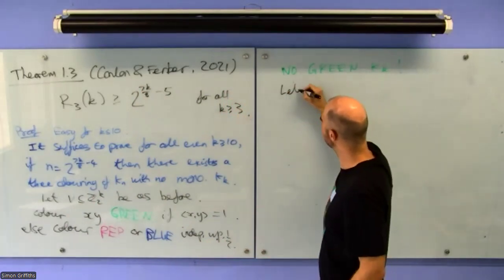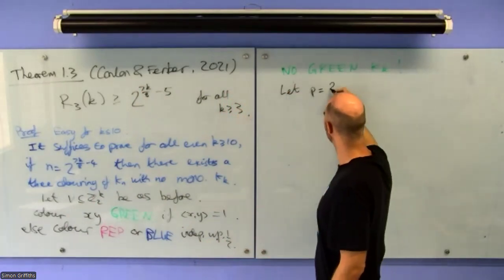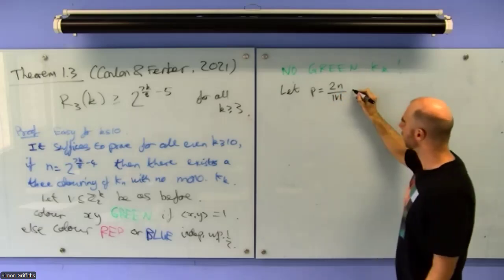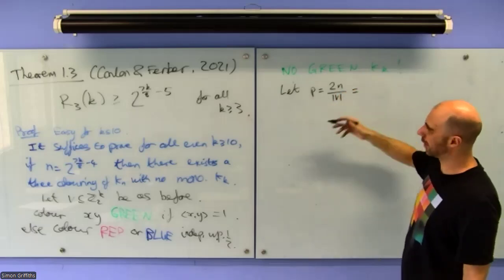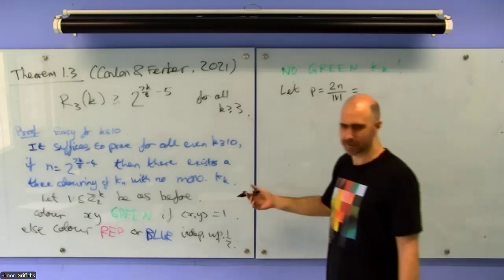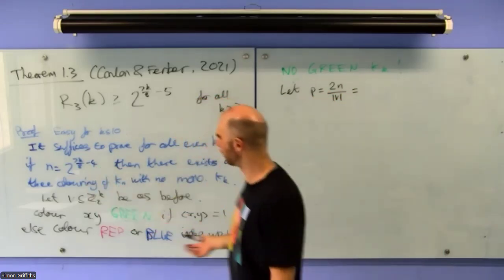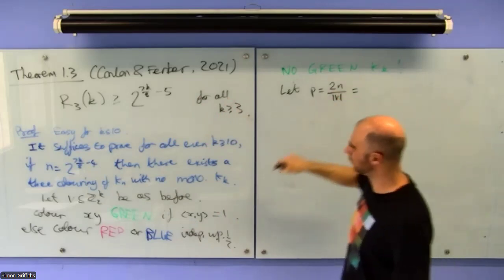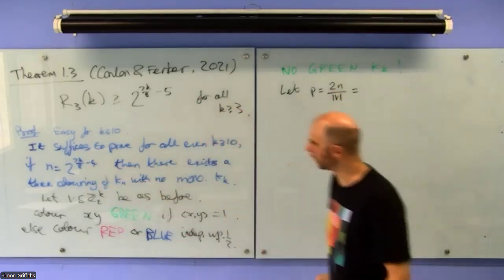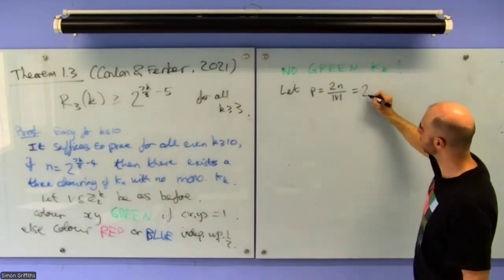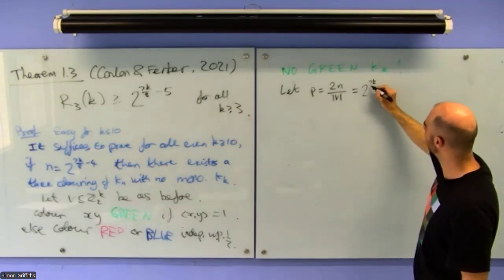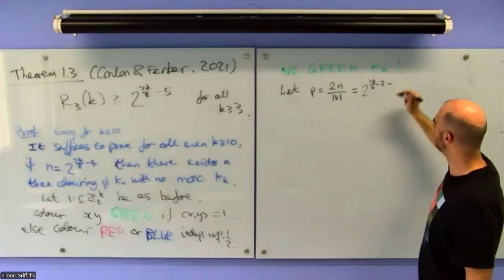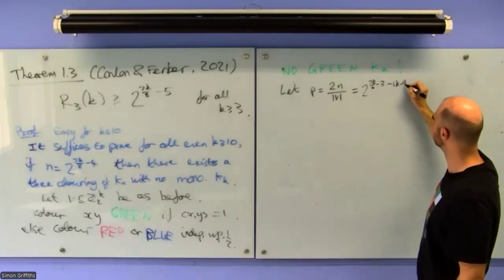Let p be 2n over the size of V. We actually know the values of n and V, so I can actually write p as an exact thing. So I guess 2n would be 2 to the 7k over 8 minus 3, and then this is 2 to the k minus 1, so minus k minus 1.